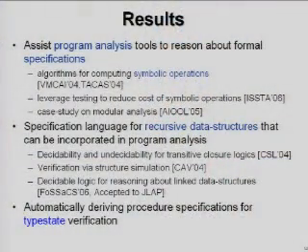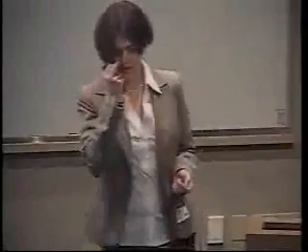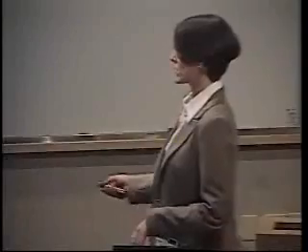Recently, I did a work with Eran Yahav and Satish Chandra, which is kind of related to both of these things. So the idea was to derive specifications for type state verification, to derive summaries for procedures in the context of type state abstraction. The interesting thing about this is that the problem itself was motivated by a real need.